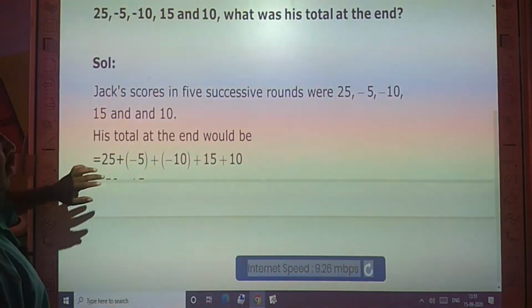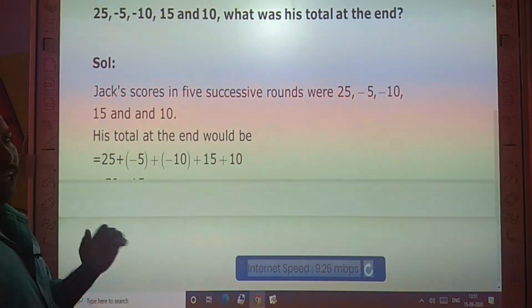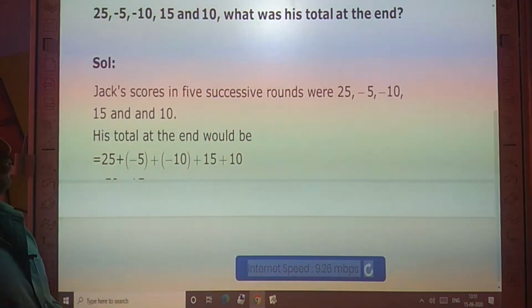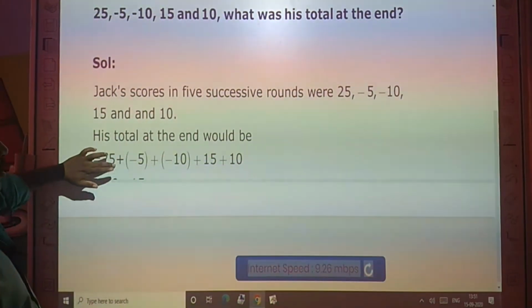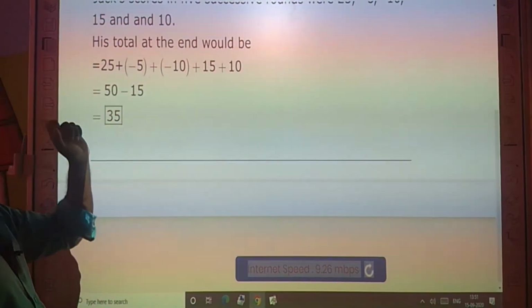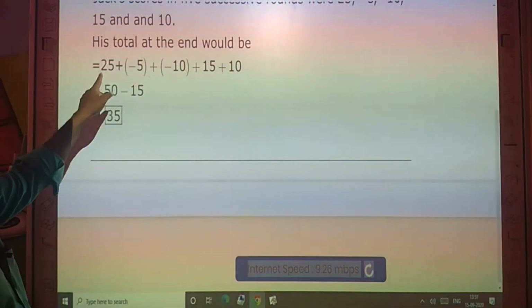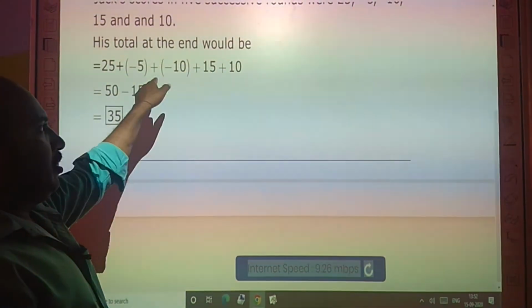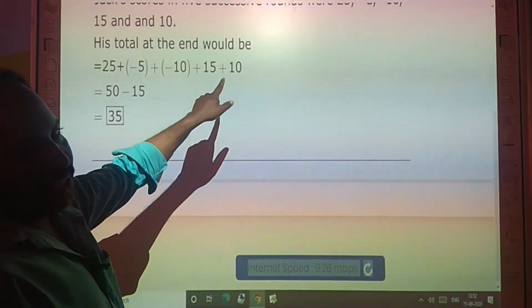Solution part. Jack scored in 5 successive rounds: 25, minus 5, minus 10, 15 and 10. His total is 25 plus into minus 5 plus into minus 10 plus 15 plus 10.